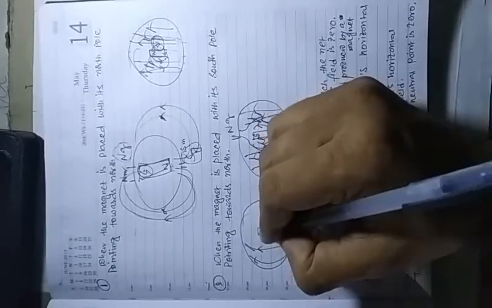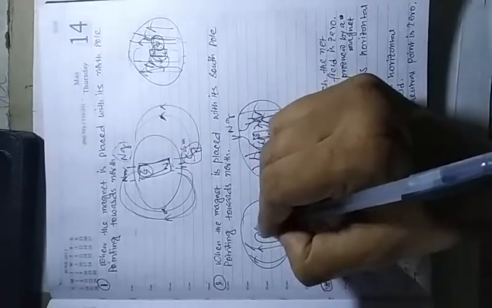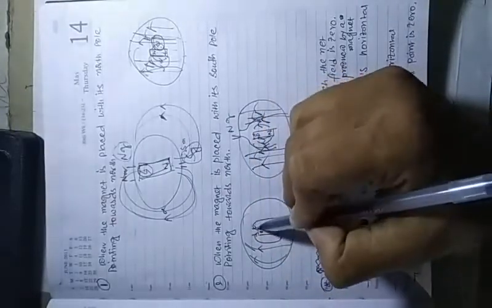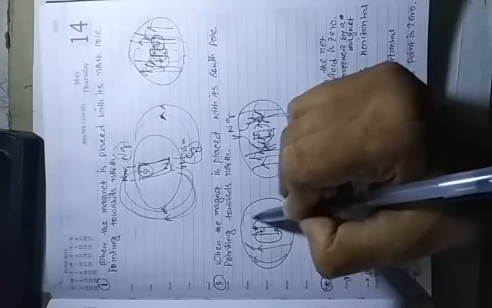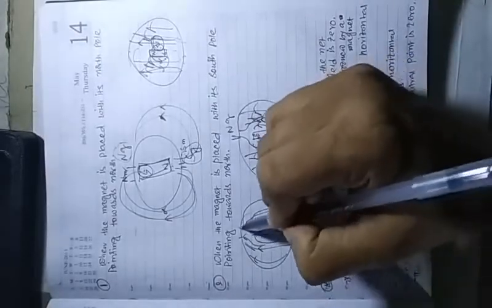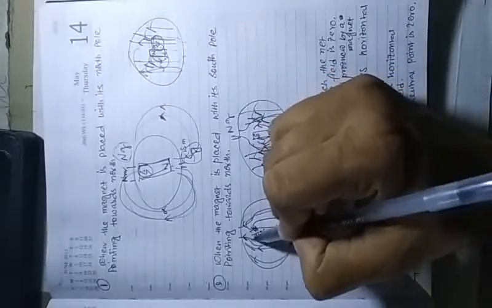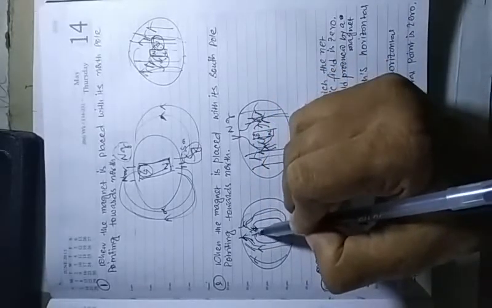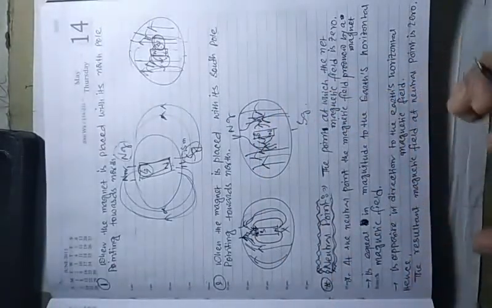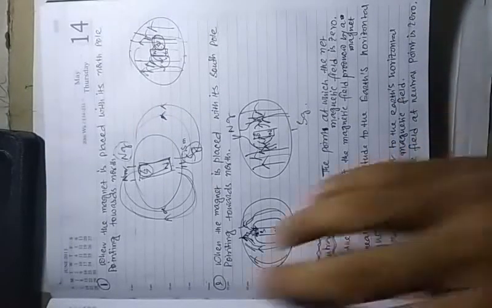In this position it is downward, north to south, but above it is an upward arrow. So if you see, one is downward and the other is upward, opposite and equal. So in both these areas neutral points happen. So these are the conditions, students.